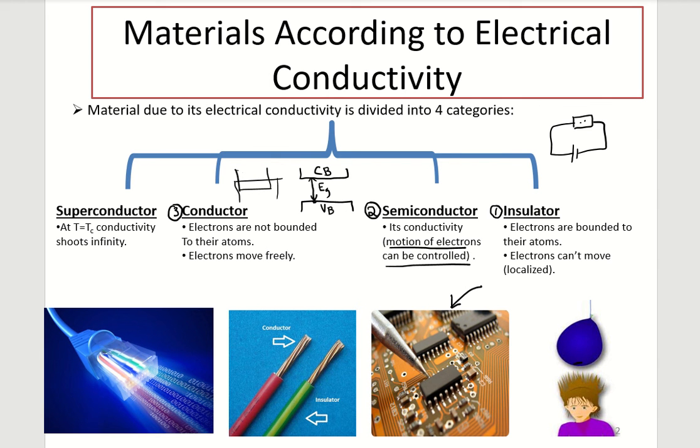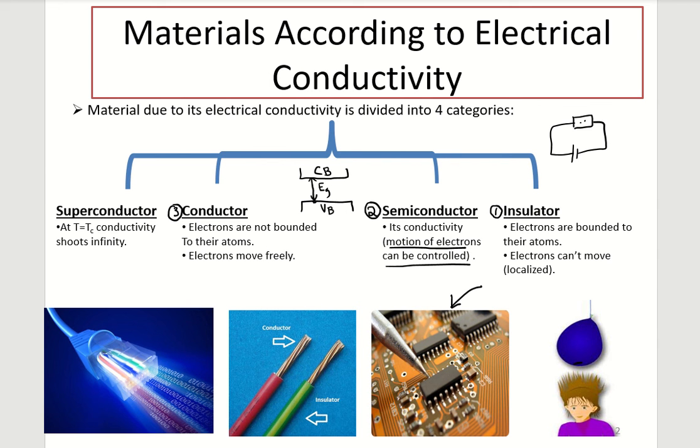I'm going to discuss this in another, more advanced video, which means that these electrons can move freely. They don't have any gap. They don't need any amount of energy for these valence electrons to become conducting electrons, which means that electrons are not bound to their atoms. They can move freely, and this is what we call conductors.